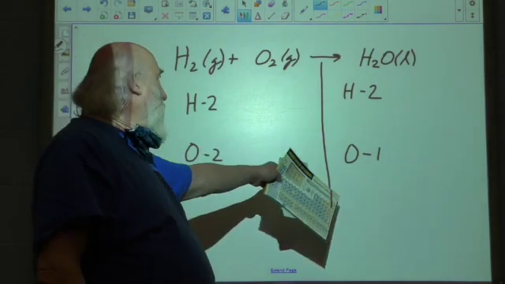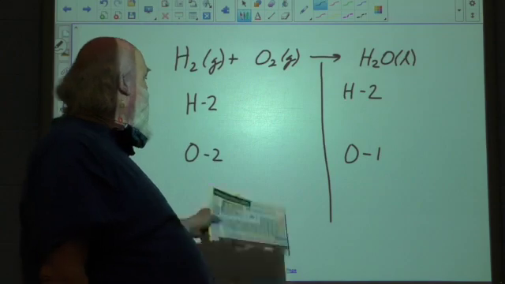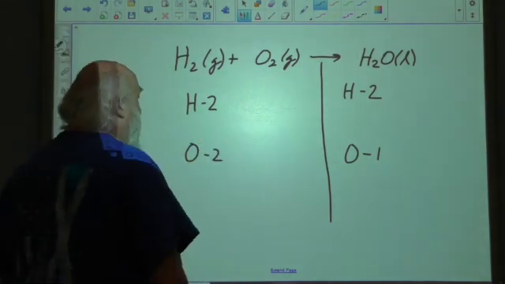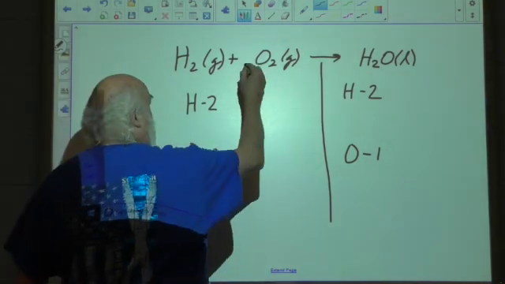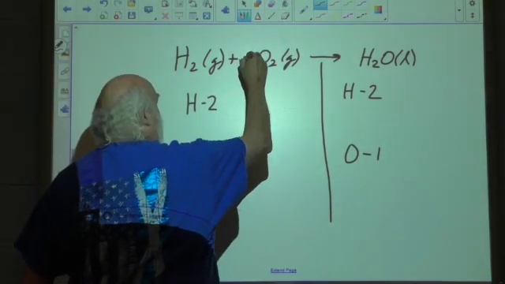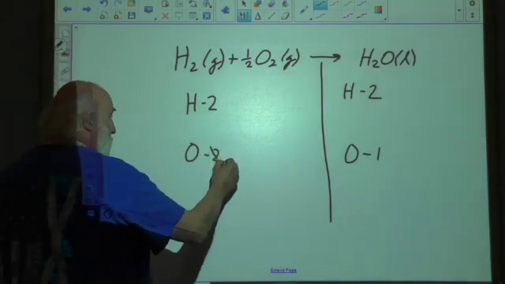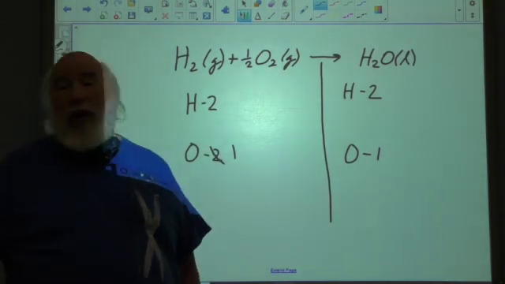We've got 1 oxygen here and 2 oxygens here. Can we make that 2 a 1? We sure can. Remember, when we're changing 2 to a 1, use the fraction 1/2, and 1/2 of 2 is 1. So it could have been done like that.